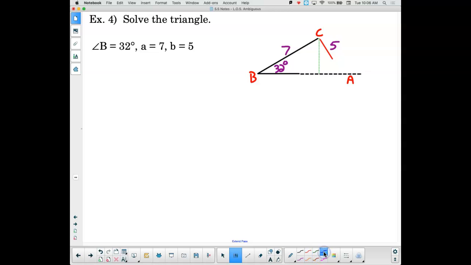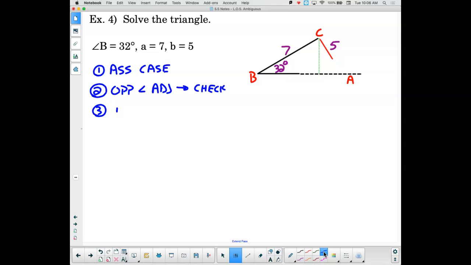Angle side side case. Opposite is less than the adjacent. Check our height.